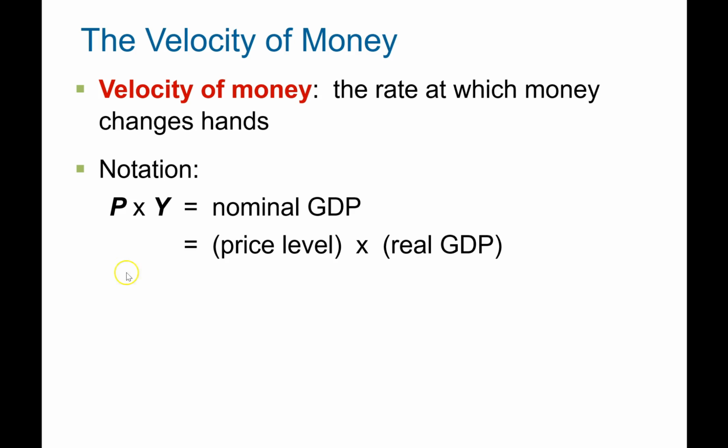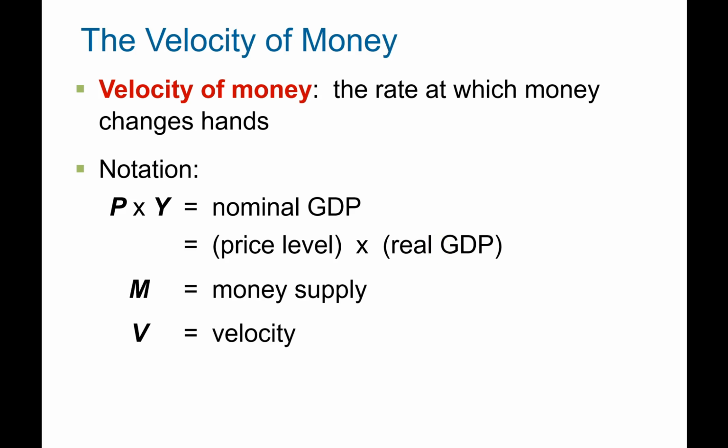The notation we're going to use is price level times Y, which is output, that physical output, and that's what we're going to use to measure our nominal GDP. So if we look at GDP as the price level times real GDP, we can get a picture of the overall level of production in the economy.